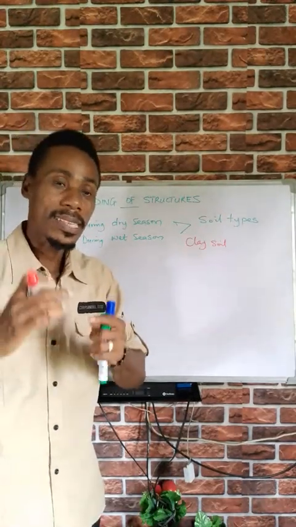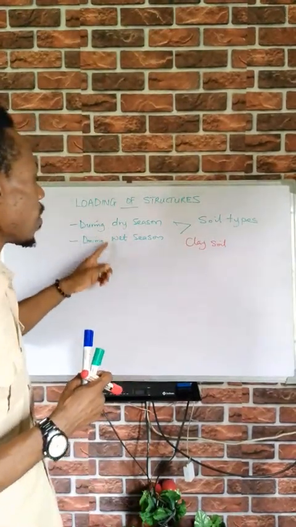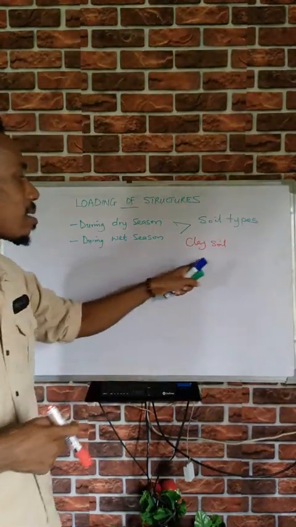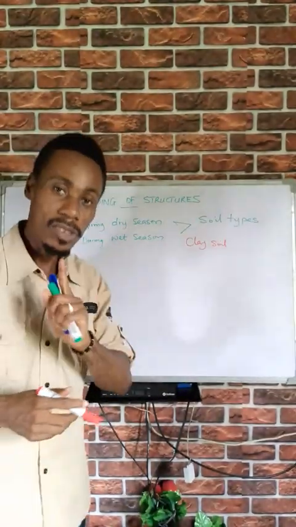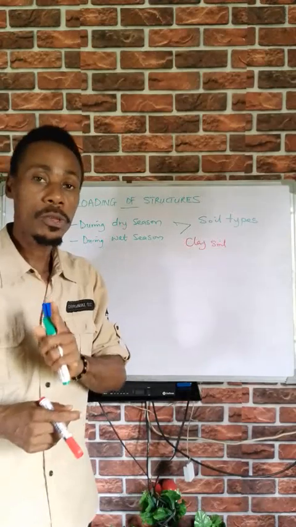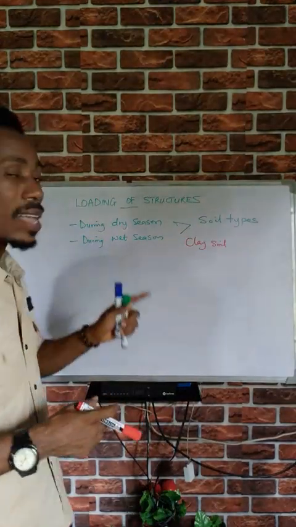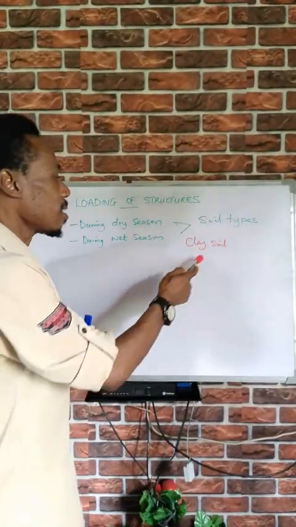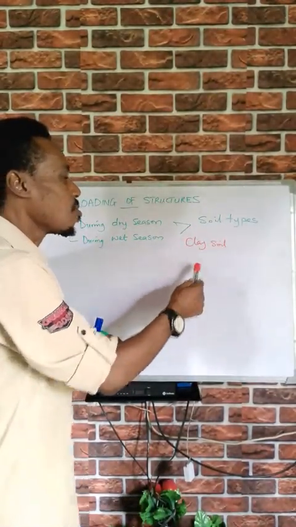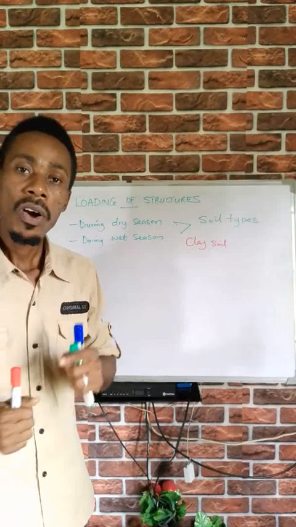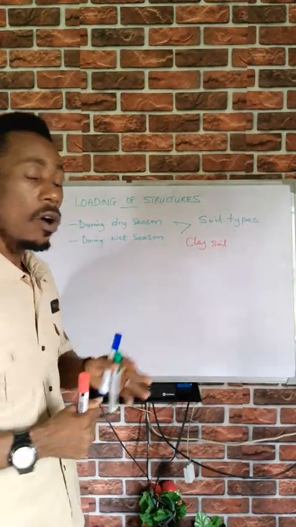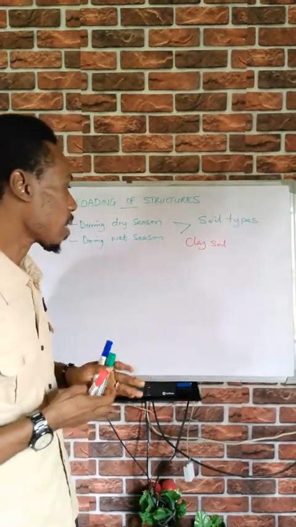You see that the seasonal variation has great impact on clay soil. That is what I want you to understand. The seasonal variations have direct influence on the behavior of our clay soil, and also other types of soils as well.